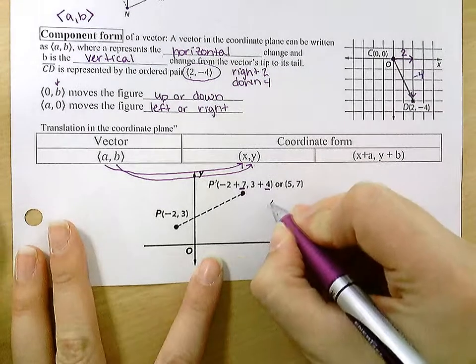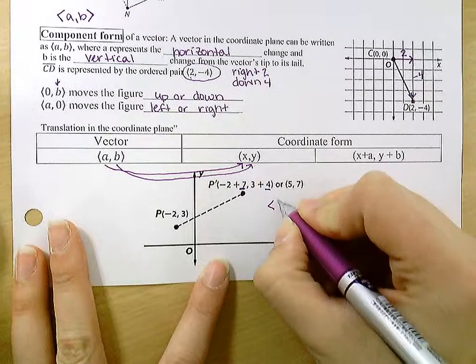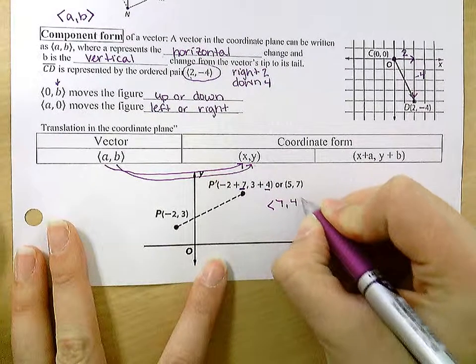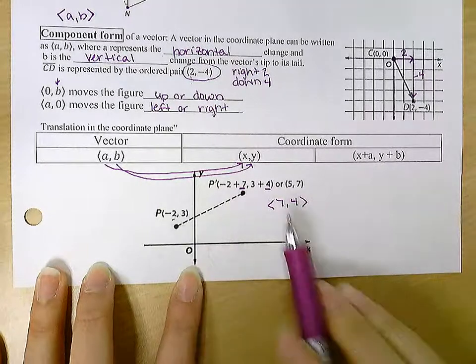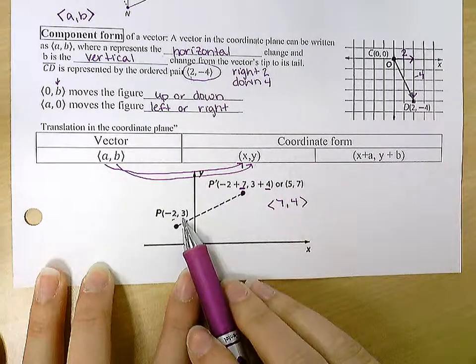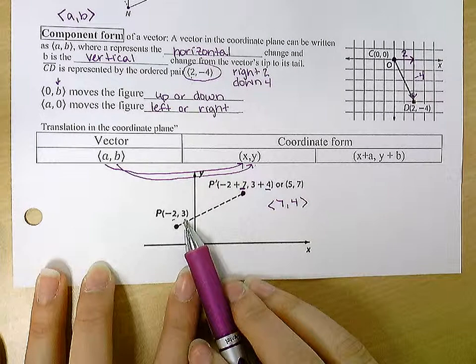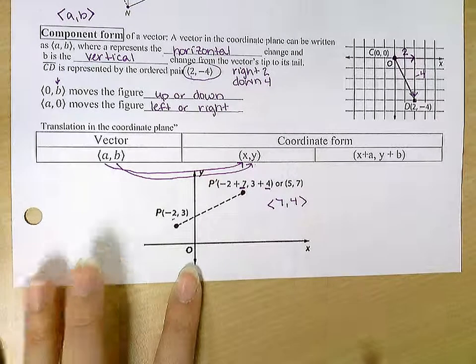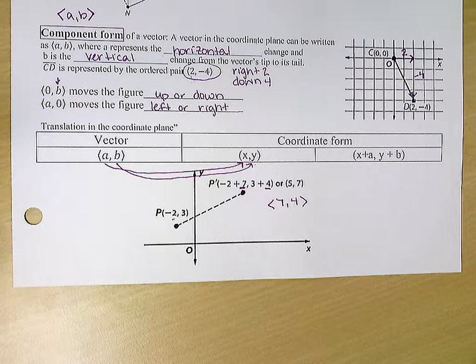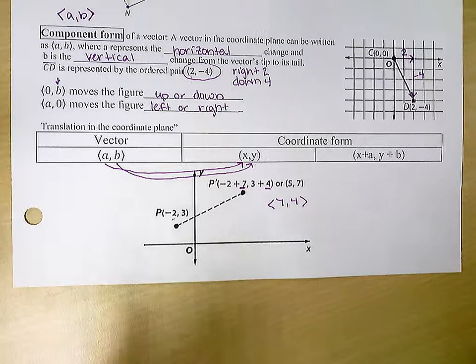So our vector from P to P prime would be 7, 4, because I'm adding 7 to our original -2, and I'm adding 4 to our original 3 here. When I do that, my new point P prime is at 5, 7. So you're just using your vector to find that new image. Questions before we do an example on the coordinate plane?